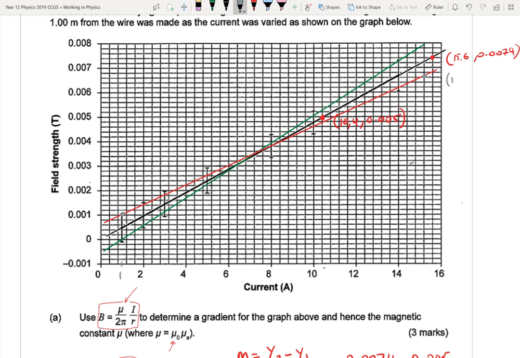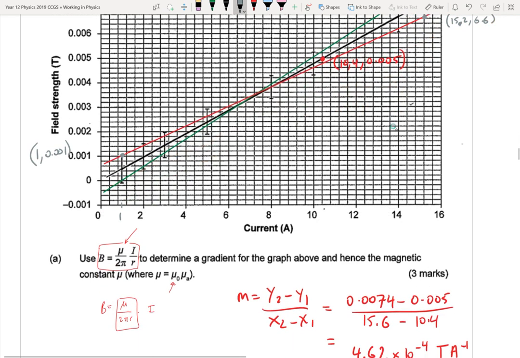15.2, comma, 6.6. And then this one here was 1, 0.001, x and y's. Oh, that's nice.